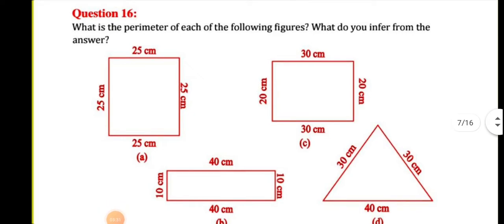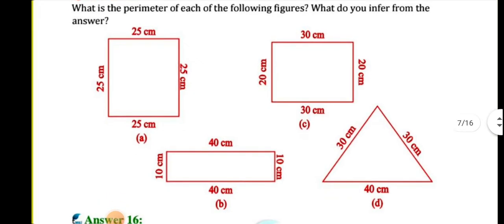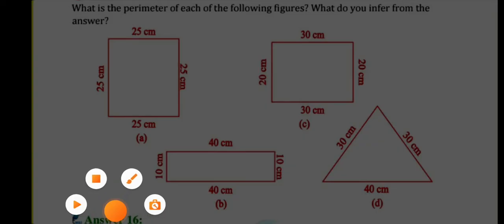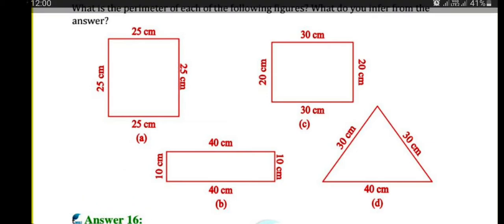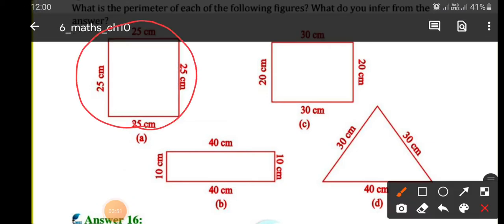Question number 16. What is the perimeter of each of the following figures? What do you infer from the answer? So here you have to find out the perimeter of each of the figures. First one, square. It means 25 into 4.